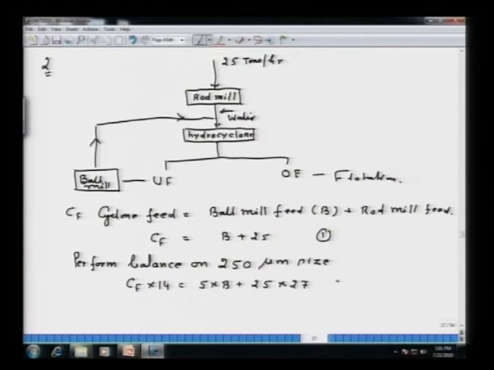So, that is our equation number 2. Now, from equations 1 and 2, if you simplify, I will just leave it to you. So, B will be equal to 36.1 tons per hour.